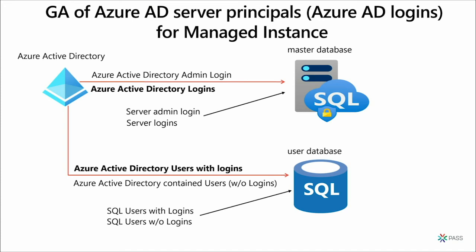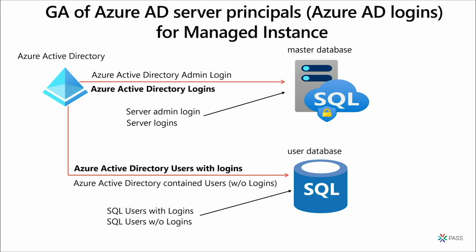So we allow this, and with the GA that we made, we allow a couple more specific features. One of them is that the Azure Active Directory admin has a login with sysadmin permission and can create other logins and give different permissions, including sysadmin. So we are in parity with the SQL logins.